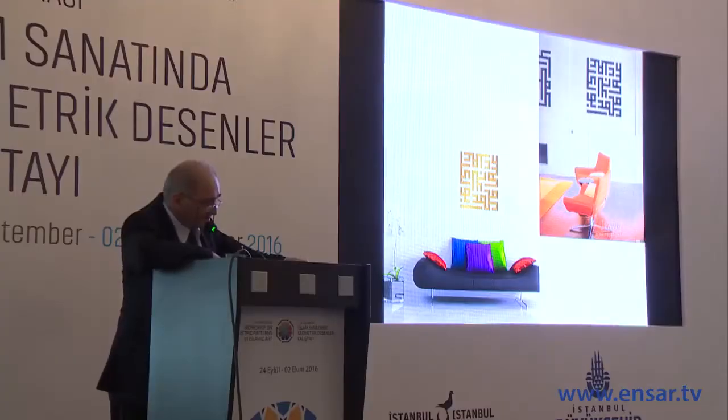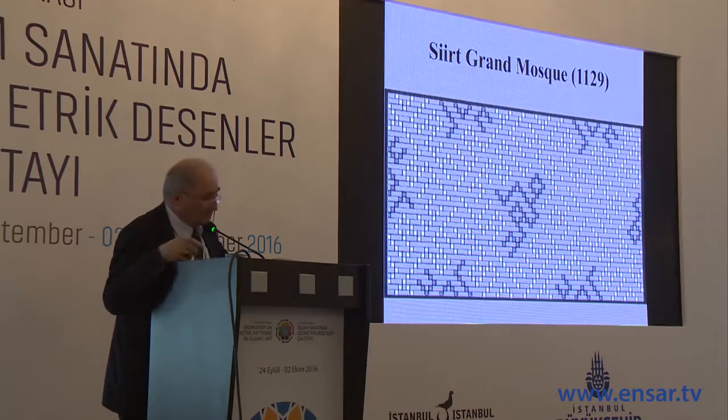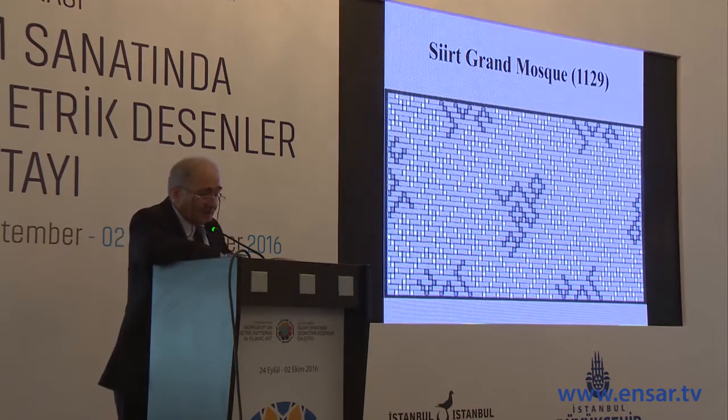We can see that this composition, which consists of the names of Muhammad and the four great caliphs, is in use nowadays. By the way, if we talk about Prophet Muhammad and the four great caliphs, I can show another composition that consists of these five names.